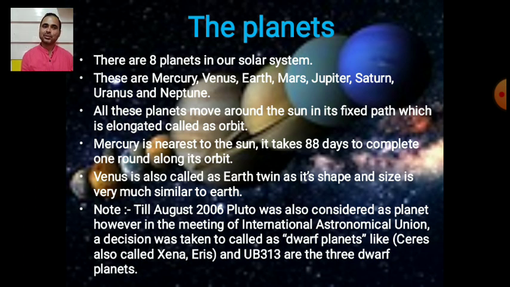In the year 2003, when the International Astronomical Union conducted a meeting, in that meeting these, Ceres and UB 313, and in 2006 Pluto, were declared dwarf planets. Very interesting information, no? Are you getting me? I hope you understand what I am explaining.